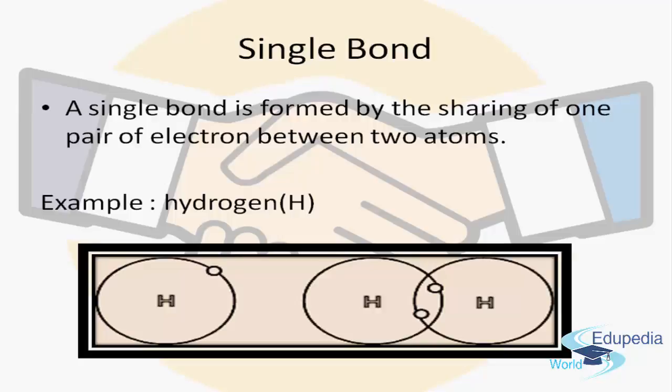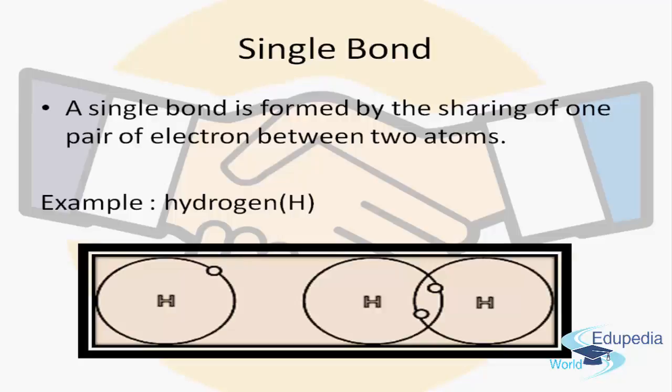I've taken the example of hydrogen, where there is a sharing of only one electron each. The two dots drawn between the hydrogen atoms represent the pair of shared electrons which constitute a single bond. We can also show a short line between two atoms to show the bond.